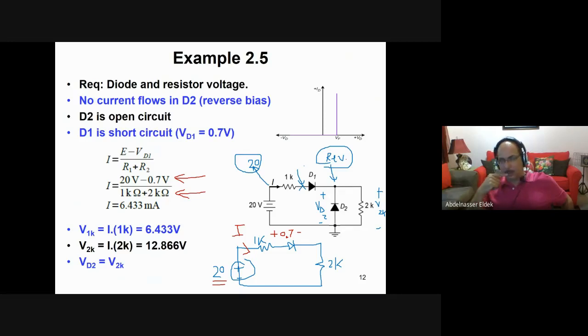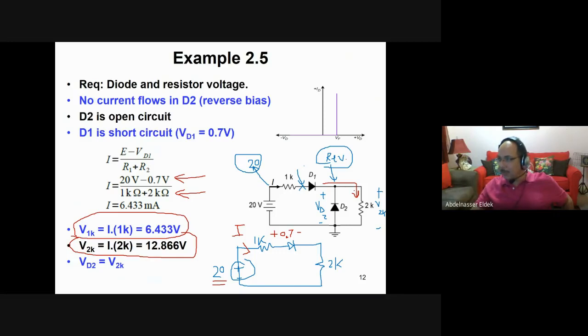Once you know I, of course, you can use Ohm's law to calculate the voltage across the 1K. That's it: the current times 1K. And also, if you want to calculate the voltage across the 2K, it is the same current. The current did not change, because this current I will continue in this resistor, since you do not have a current in the second diode because it is an open circuit.